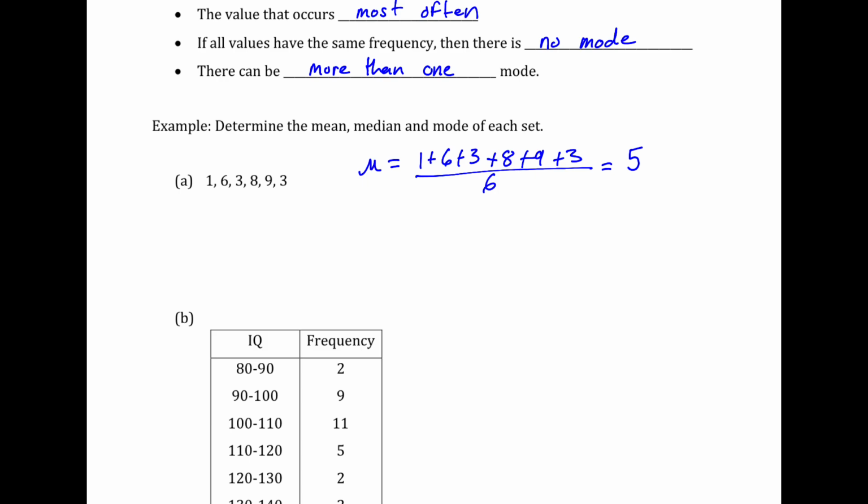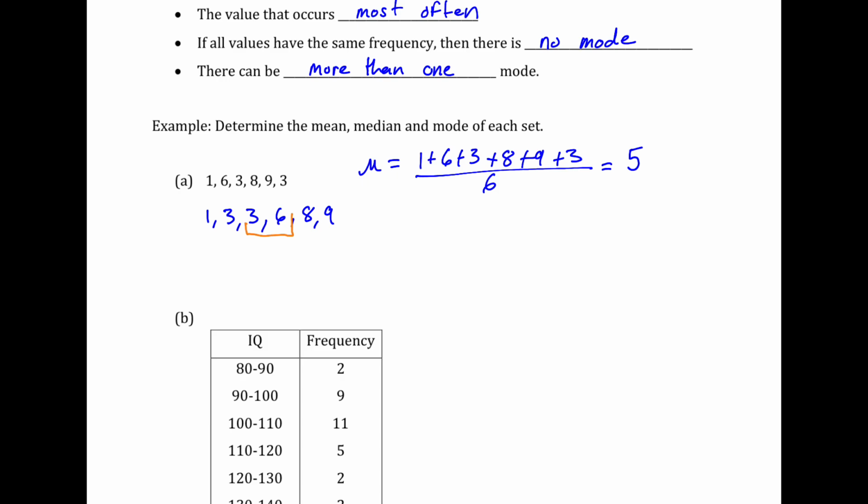If I start listing these numbers in order, the smallest number is a 1, then it's a 3, then it's a 3, then it's a 6, 8, then 9. So that's listed the numbers in order. And since I have 2 numbers in the middle, I have to find the middle of these 2 numbers.